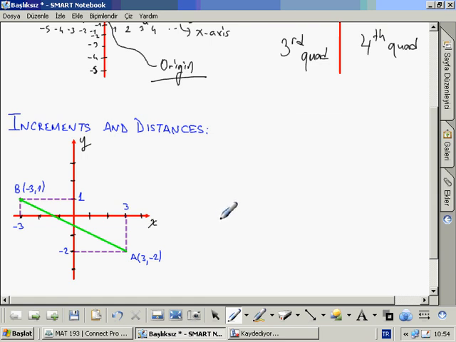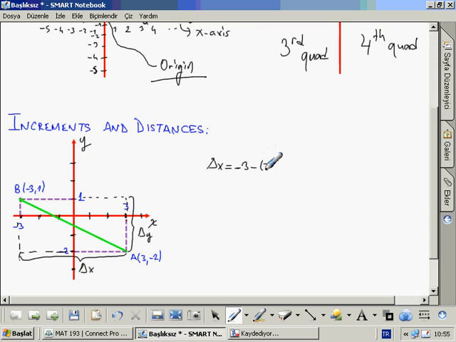Let's talk about the increments about the X and the increments about the Y. This is delta Y, which is the increments about the Y, and this is delta X.